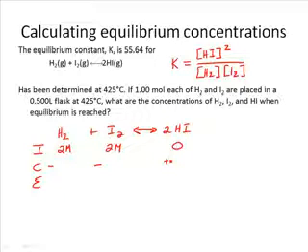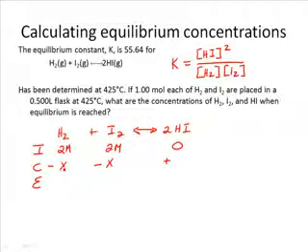Okay, so here in this problem, we don't have a value of any of the equilibrium concentrations. And so what we're going to do is say, all right, say the change here on the iodine is X. What would be the change for the hydrogen? Well, they have the same coefficient, both 1, so it would be X as well.